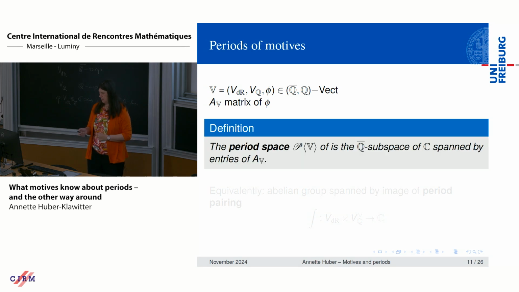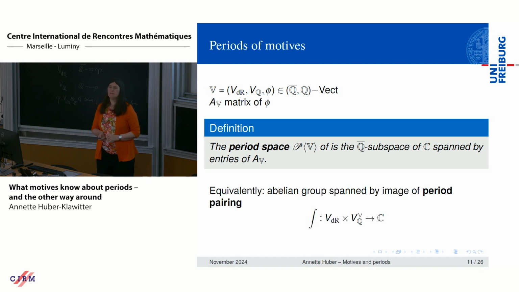Then the period space of this Hodge-de Rham structure is the Q bar subspace of C spanned by the entries of the matrix. It's a subspace of the complex numbers. You can do that for any of these Hodge-de Rham structures. In particular, whenever you have a motive, it has a Hodge-de Rham structure, and then it has periods.